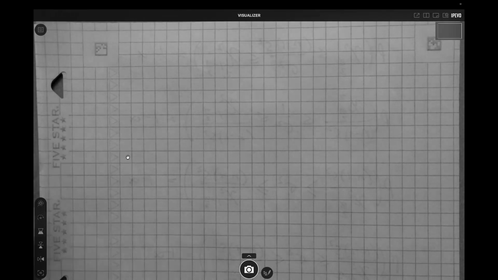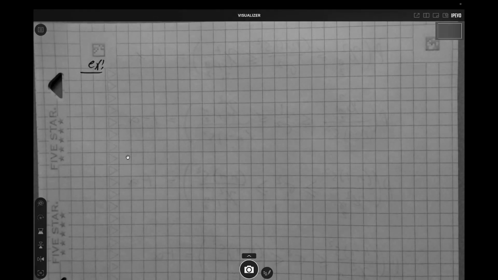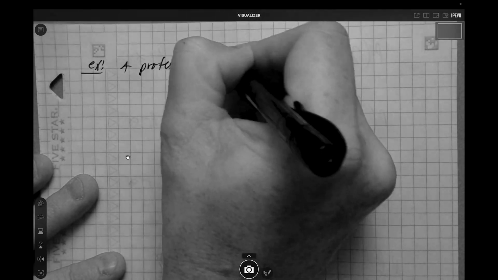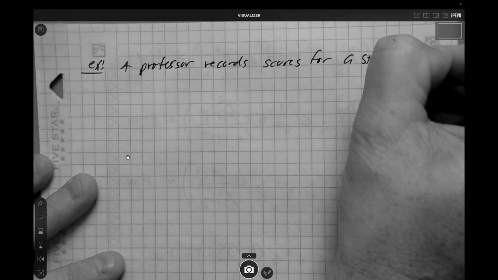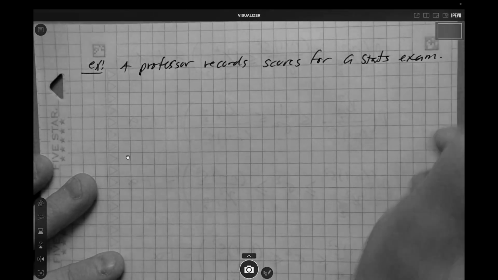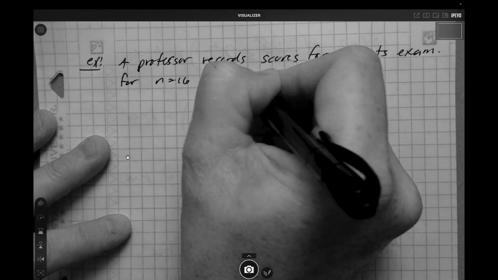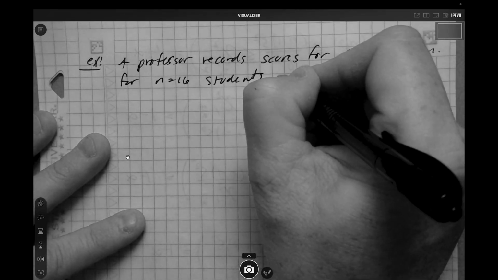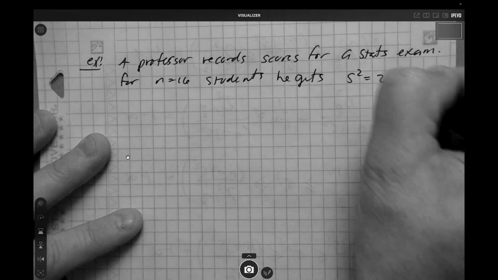And so here we've got a professor who records scores for a statistics exam. For n equals 16 students, he gets s squared equals 25.